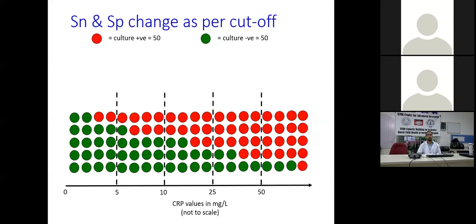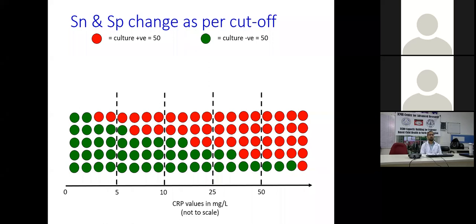That means amongst those who are culture positive, in this case, amongst the red circles, what proportion are CRP positive? Almost all are CRP positive, except for those 2 red circles which are on the left side of the vertical dashed line at 5. So 48 out of 50 becomes my sensitivity.